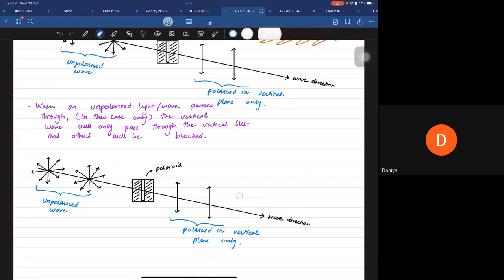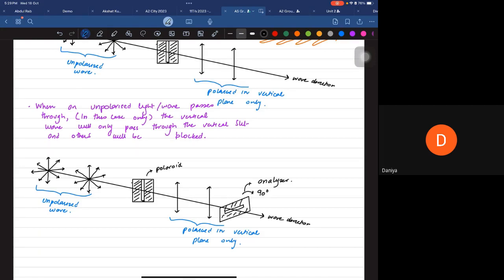My bad, sorry. This time we only allow it to move like this. Now this filter is called an analyzer, and it is rotated at 90 degrees. Basically it's vertical and then rotated 90 degrees. Is it clear?